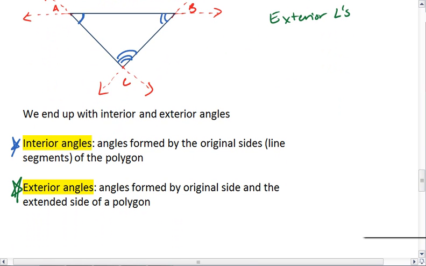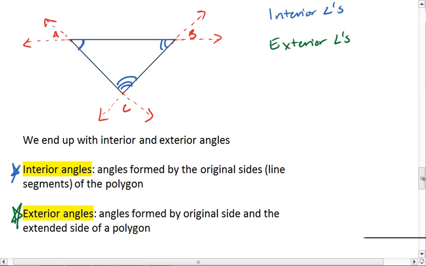Exterior angles are angles formed by an original side and the extended side of a polygon. So looking around vertex A, we have original side AB, and then AC is extended, giving us this exterior angle here.